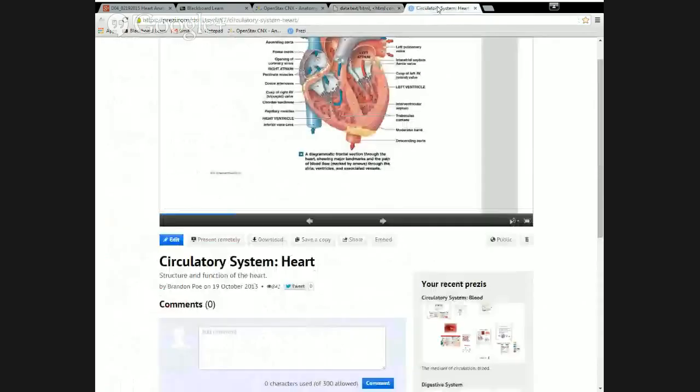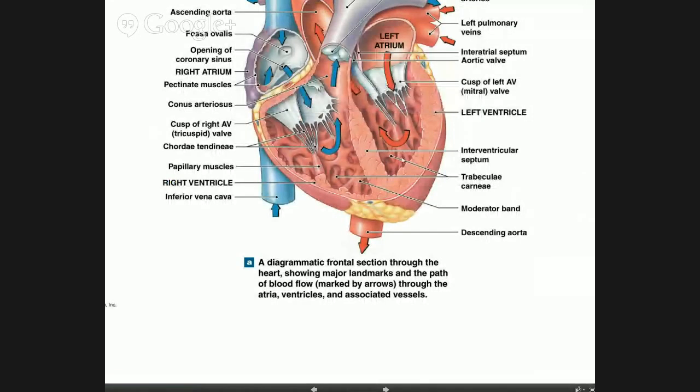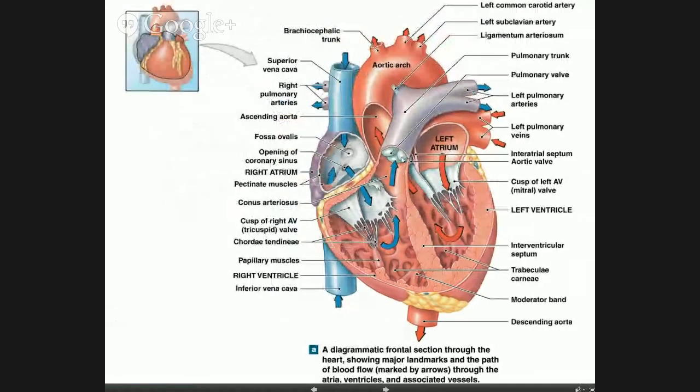And that's important as we look at the picture here, because the AV valves have sort of a special aspect to them, which is they're attached to the ventricular wall.